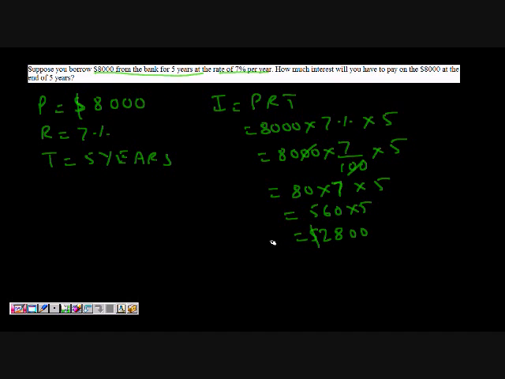Let's take one more example. Suppose you borrow $10,000 from a bank at 10% per year, and at the end of the time frame, you paid $2,000 in interest. When you return the money, you paid $2,000 extra, and so you're asked to find out how many years did you borrow the money.